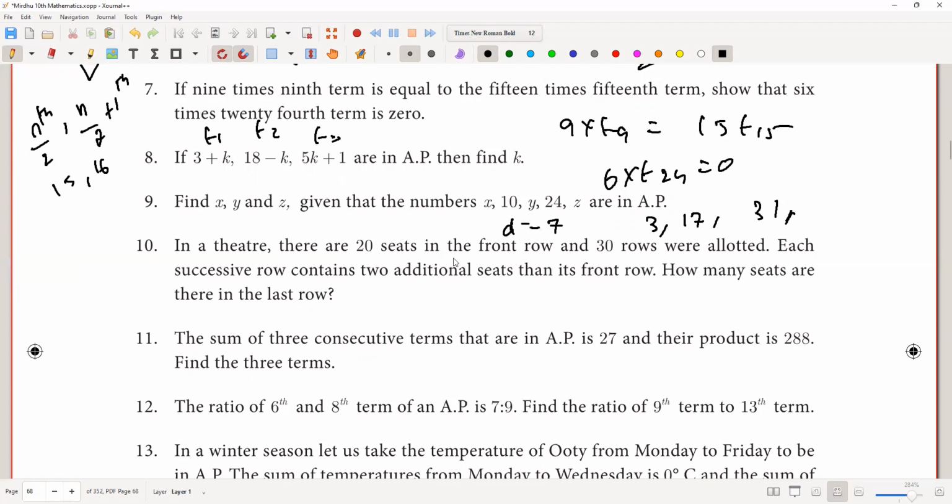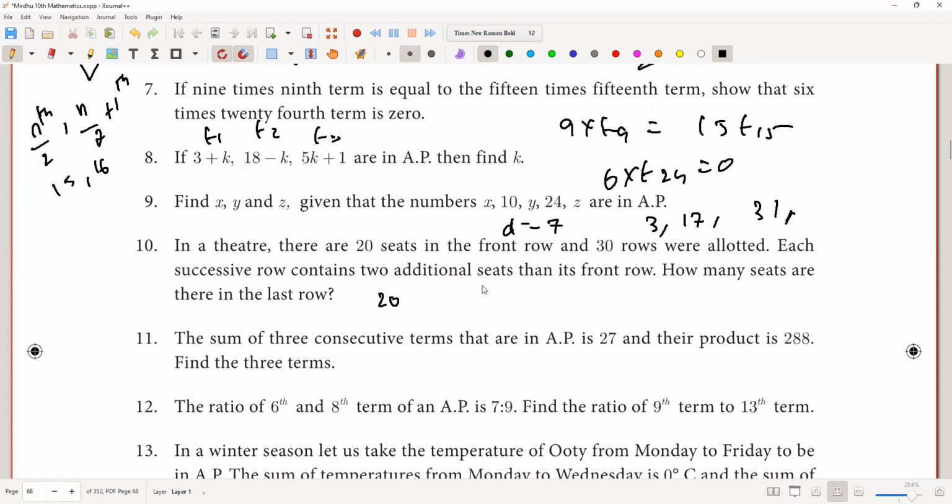In a theatre, there are 20 seats in the first row and 30 rows were allotted. Each successive row contains 2 additional seats than the previous row. How many seats are there in the last row? 20 in the first row, so A is 20. Each successive row contains 2 additional seats.